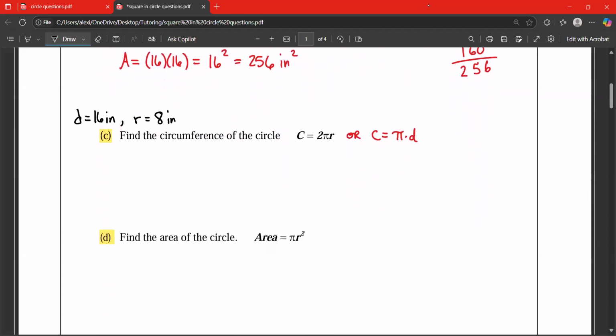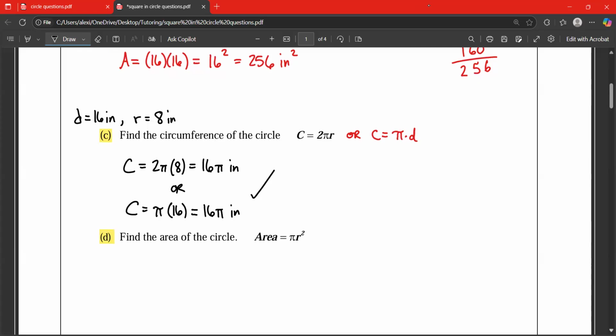So we'll go ahead and find circumference using both formulas so we can verify we get the same thing. So circumference is equal to 2 times pi times radius, which is 16 pi inches. Or we can do circumference is equal to pi times diameter, which is still going to be 16 pi inches. Both work. So that's great.